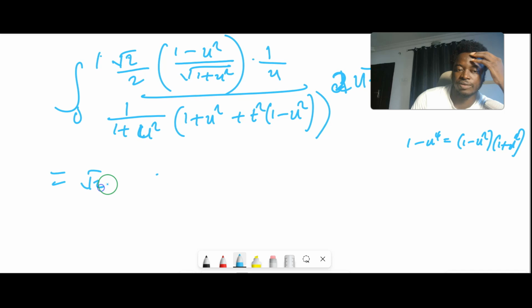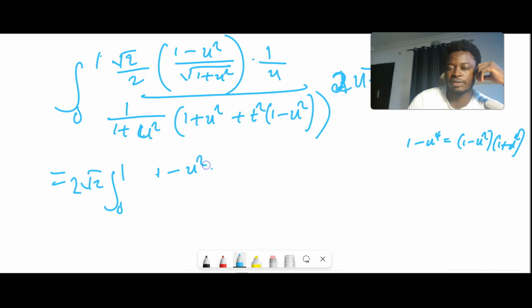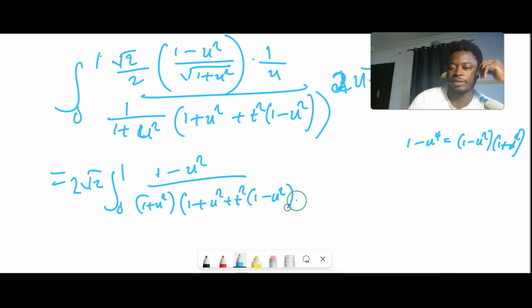Okay, so basically you will have something like this: square root of 2 times the integral from 0 to 1 of what? So you have 2 square root of 2 rather, and a 1 minus u squared all divided by 1 plus u squared times 1 plus u squared plus t squared 1 minus u squared.